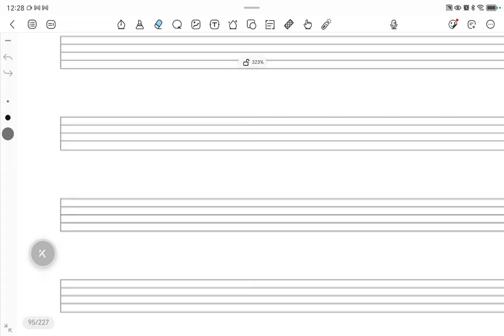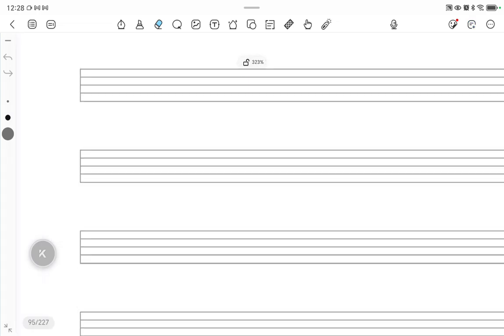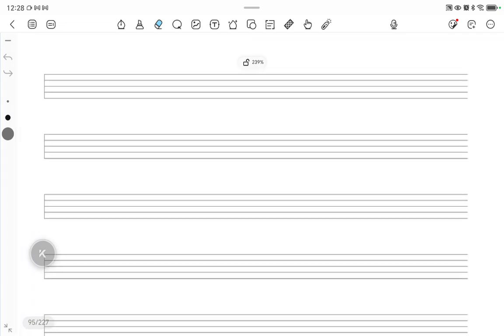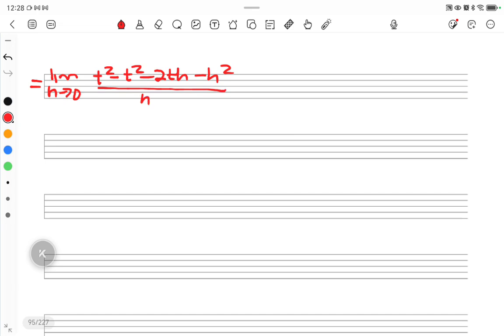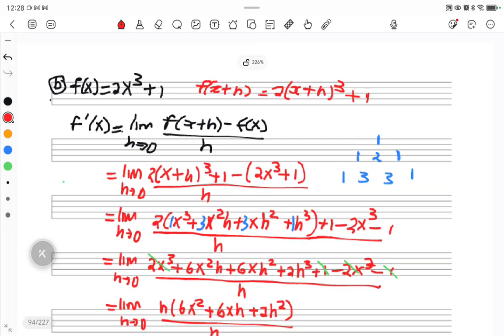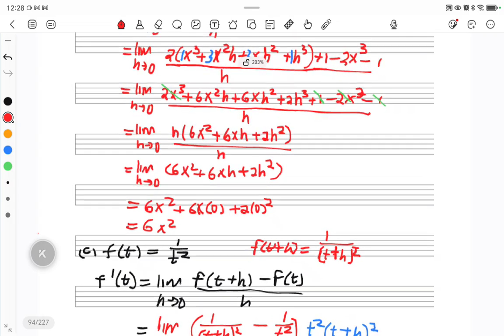And then we would have the limit as h approaches 0 of t squared minus t squared minus 2th minus h squared all over h. Then get something like this. Alright.